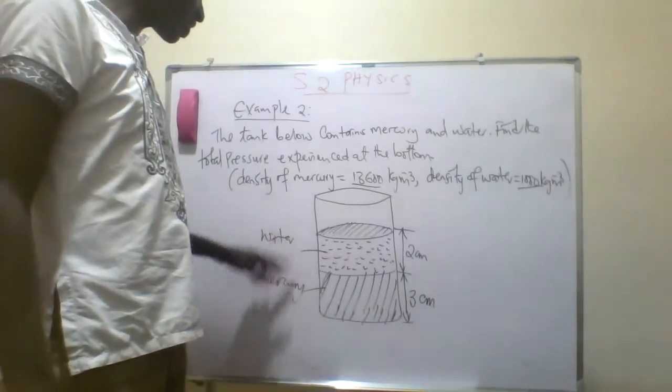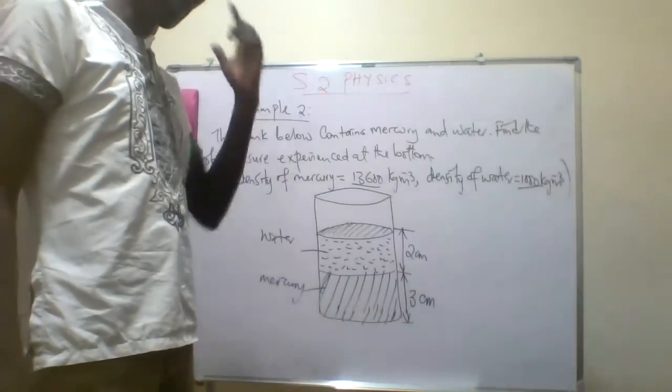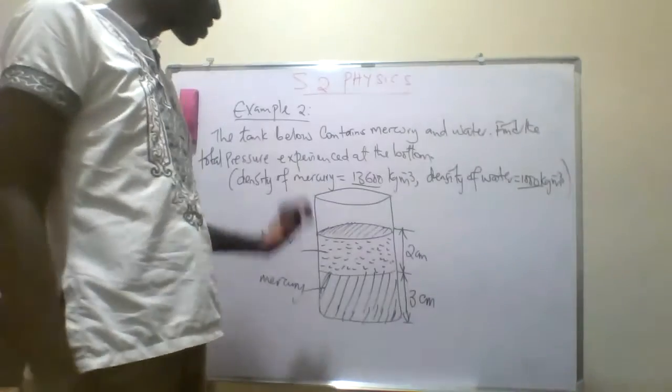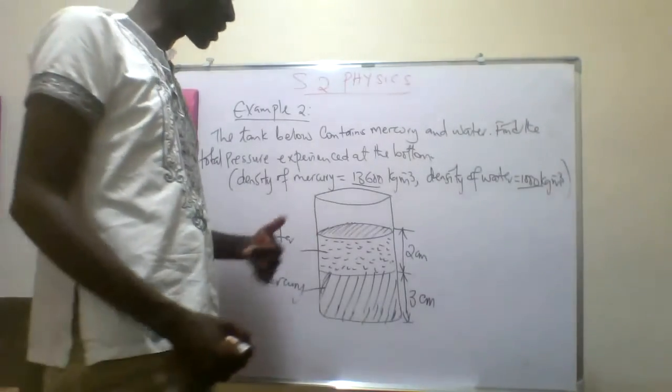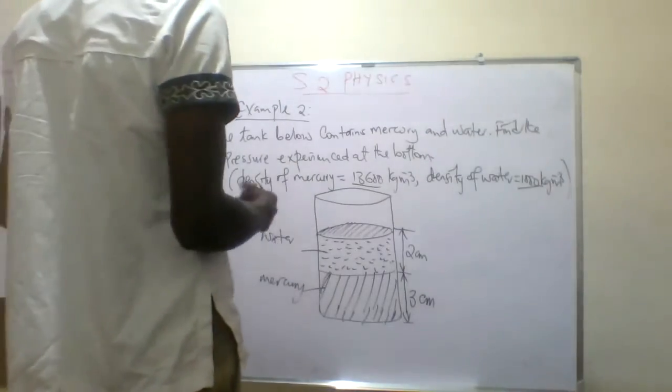So expect that the question can appear without them labeling this for you, expecting that you as a physicist and a scientist should figure out how density affects flotation and sinking. So that is what we need to know about.